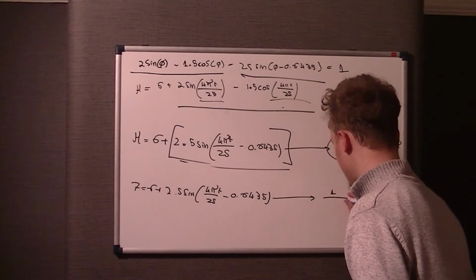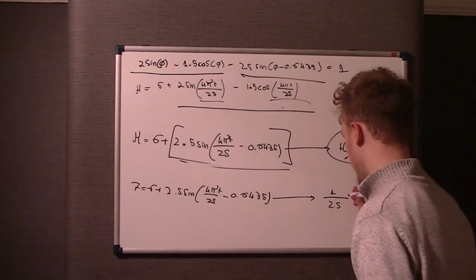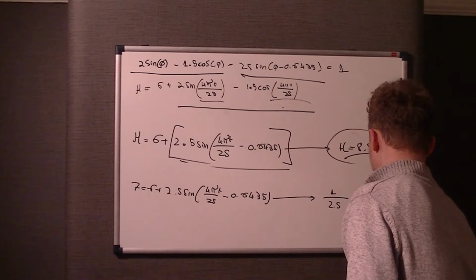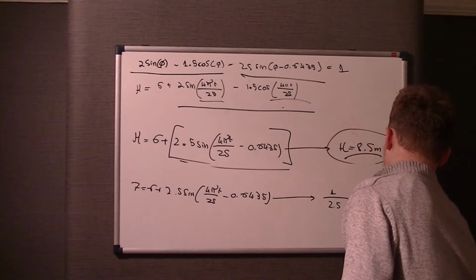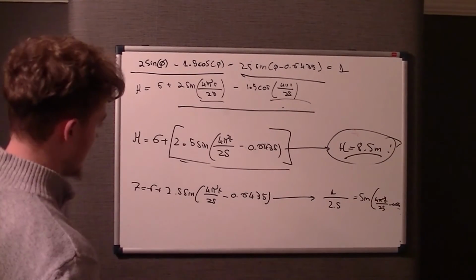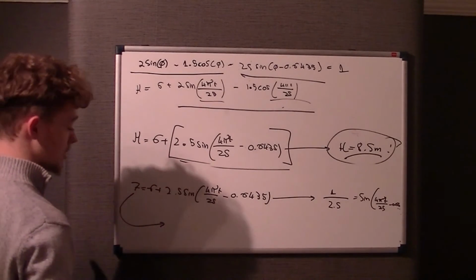So 1 over 2.5 is equal to the sine of all of that, so 4 pi t over 25 take 0.6435. Can't quite fit it on there. I didn't expect my writing to be so huge. And then it's just a case of inverse sine both sides.